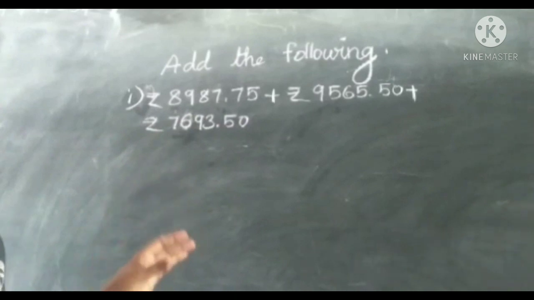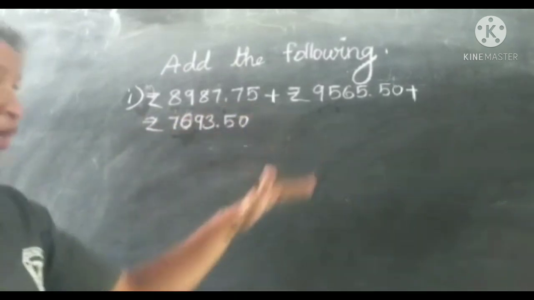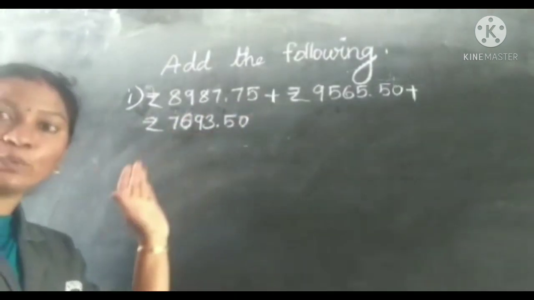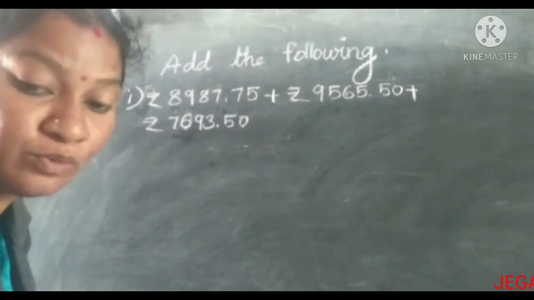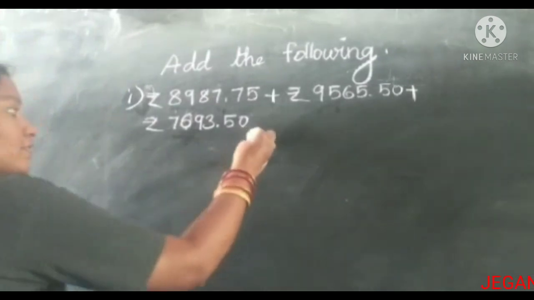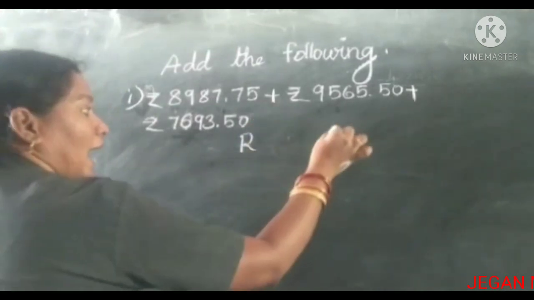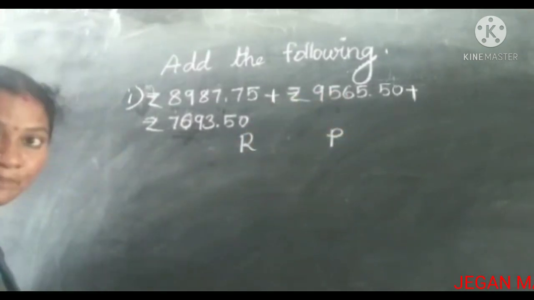Okay, clear? So first you want to write in column form separately, the rupee side and the paise side. That really helps you to calculate easily. So first write the rupee side and paise side.